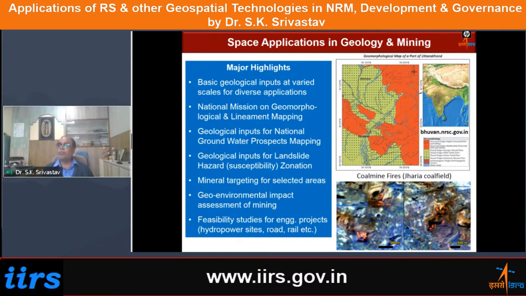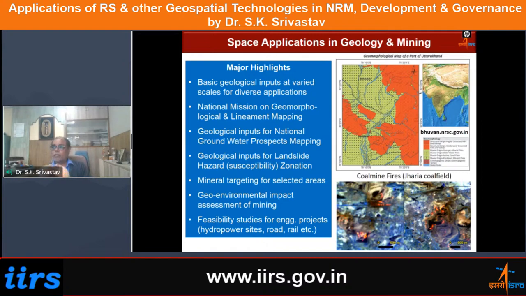And let me also tell you that geologists were the first users of remote sensing data in the 60s, particularly when they were using aerial photographs, and subsequently with the availability of satellite images, they have been using those. The fundamental requirement as far as geological information or geological application is concerned is the availability of geological maps.